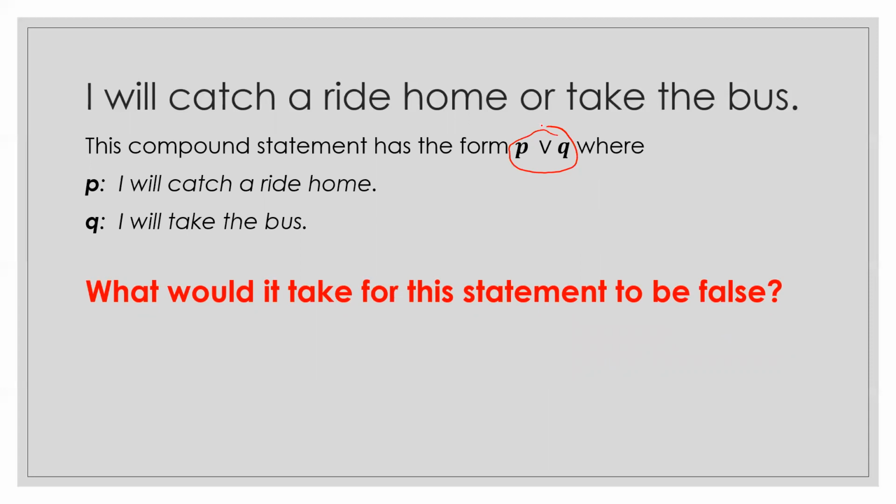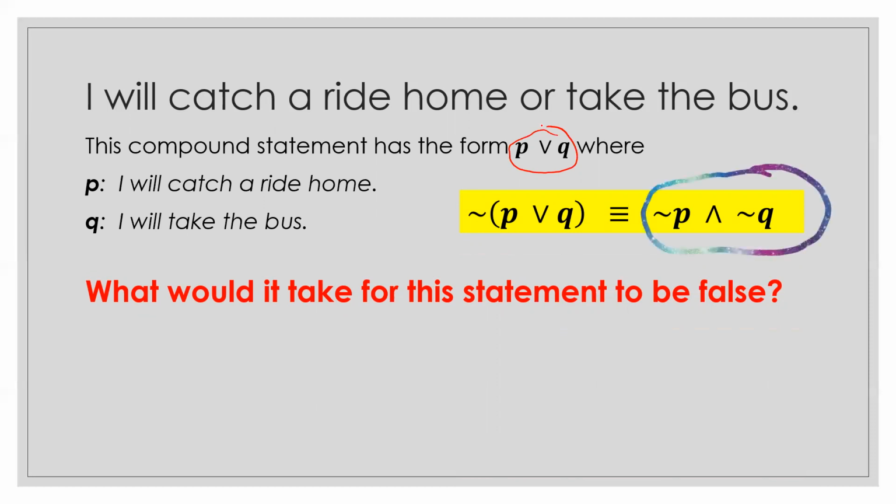From the investigation that we just did, the negation of P or Q is not P and not Q. And here we have the connective and, right? And means both of those have to be satisfied.